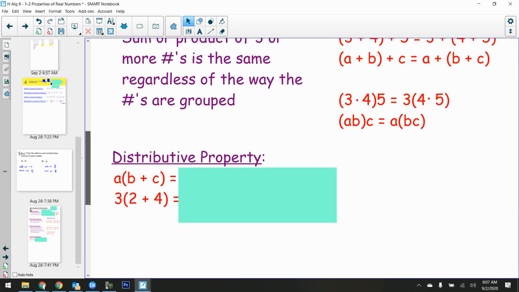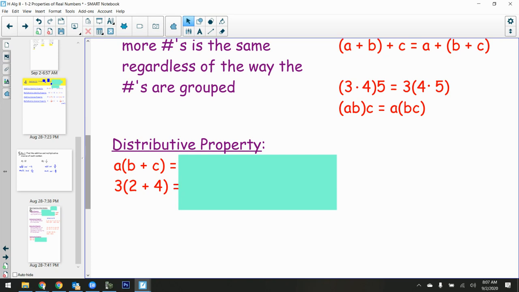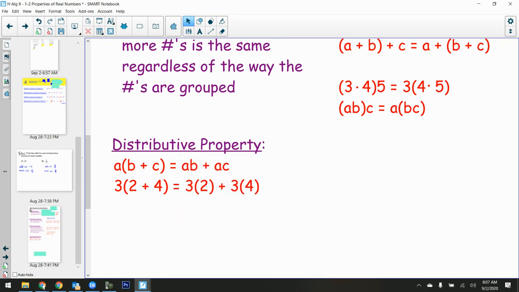And the last property that we're going to talk about is the distributive property. The distributive property is one that we know and love. Basically it says that if I've got a value, a constant, not even a constant, any value sitting outside of a parenthesis, I can multiply that value in and represent it, or basically distribute it, to both those parts of the sum or difference inside.